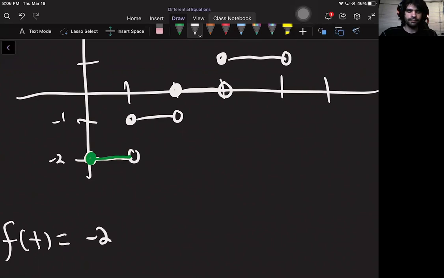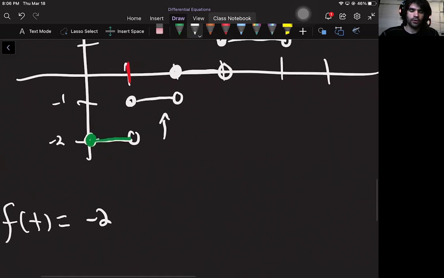And then it stays as -2 until it gets to time 1. So what I need is for it to go up by 1 after this happens. It needs to jump up by 1.